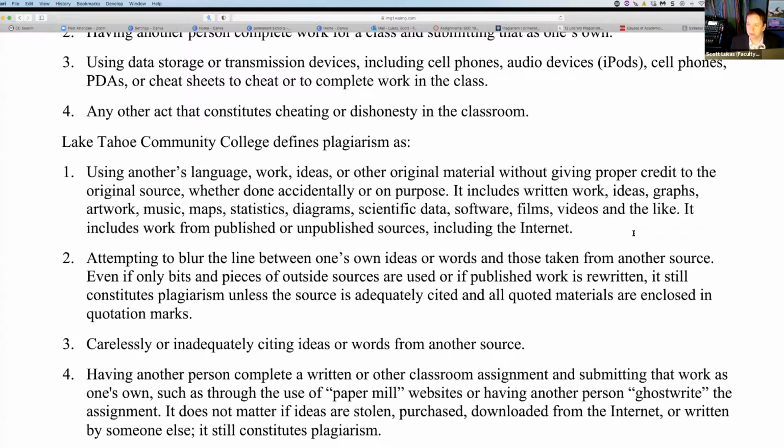Let me just ask you for your class, Sean: is there anything in chemistry that's not narrative, like scientific data or equations, that could be plagiarism that you could give as an example? Representing someone else's work or someone else's data as your own is 100% plagiarism.